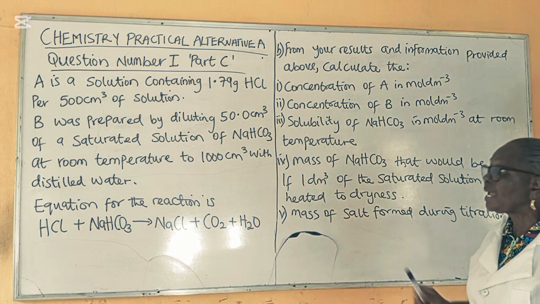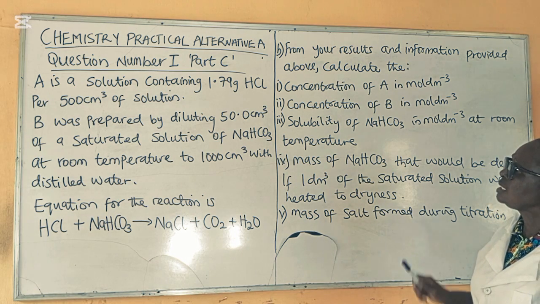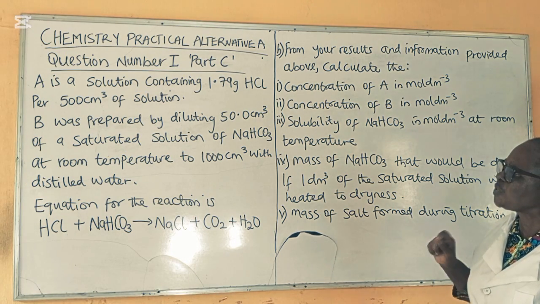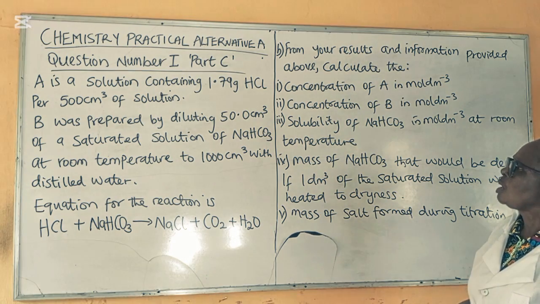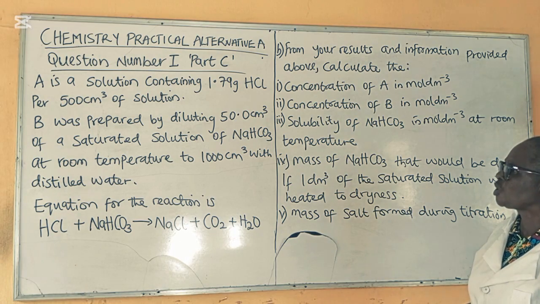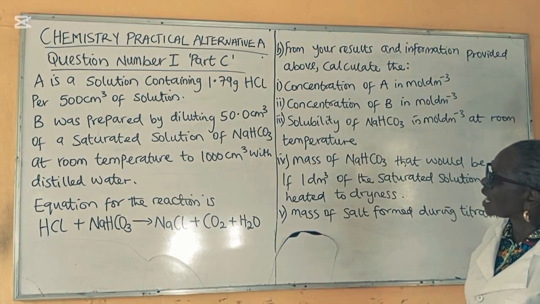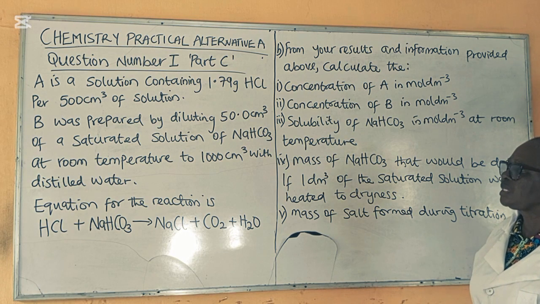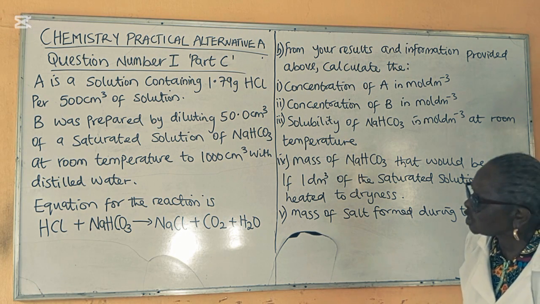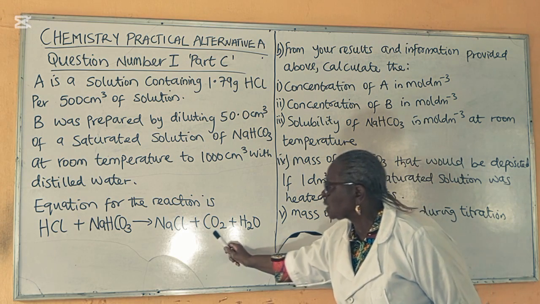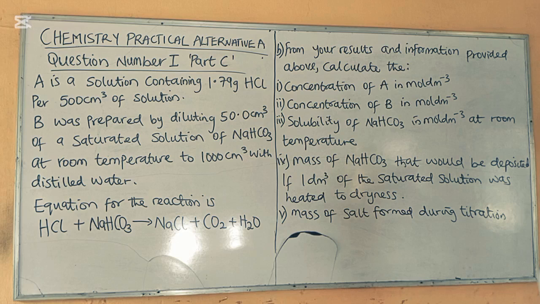B was prepared by diluting 50.0 cm³ of a saturated solution of NaHCO3 at room temperature to 1000 cm³ with distilled water. The equation for the reaction is already the same. I've been using the same equation, sorry.